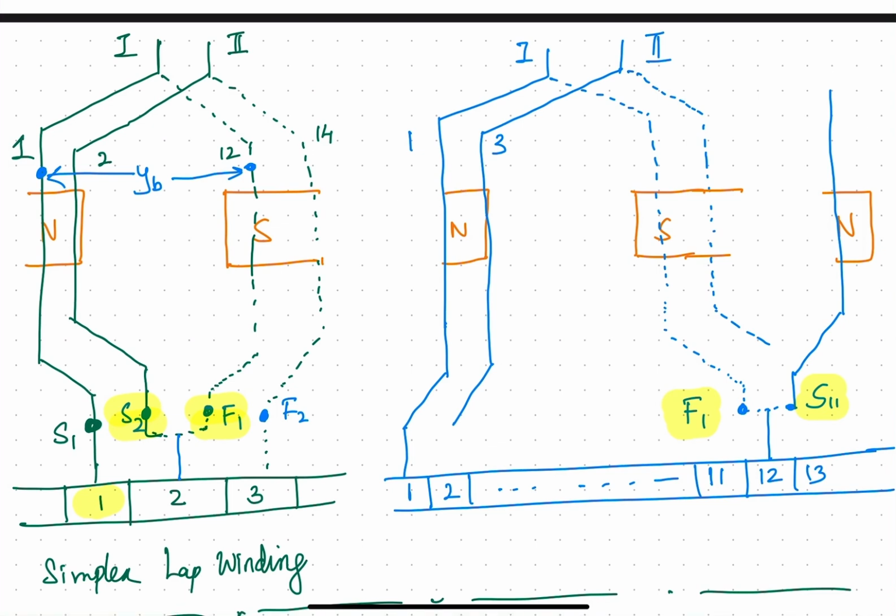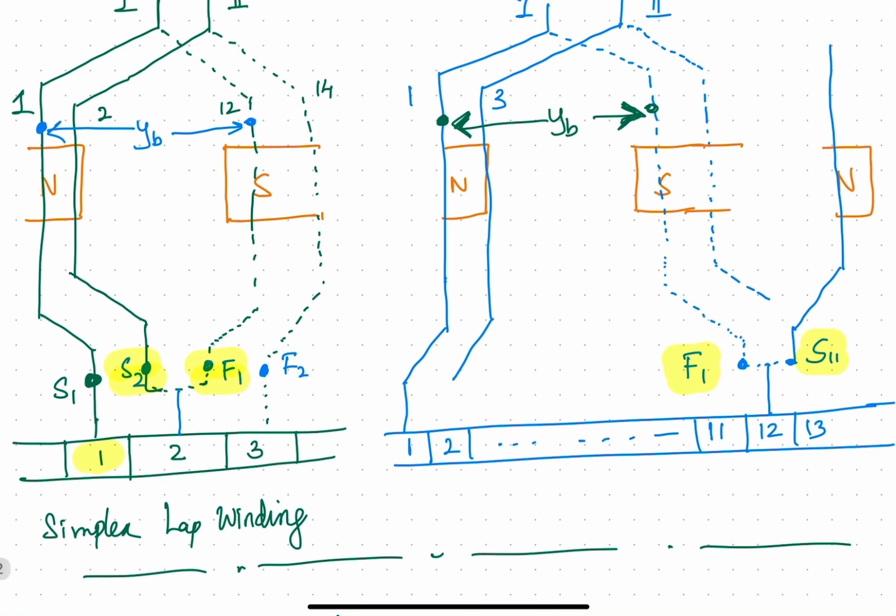In case of the wave winding, it's the distance from this point to this point, again this is YB. This is the back pitch.